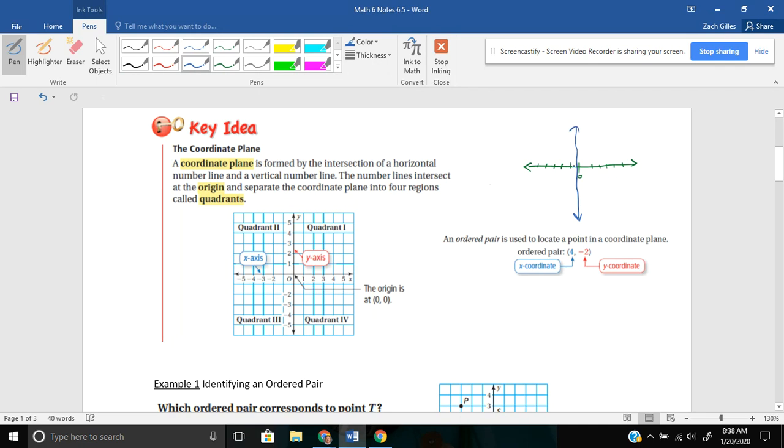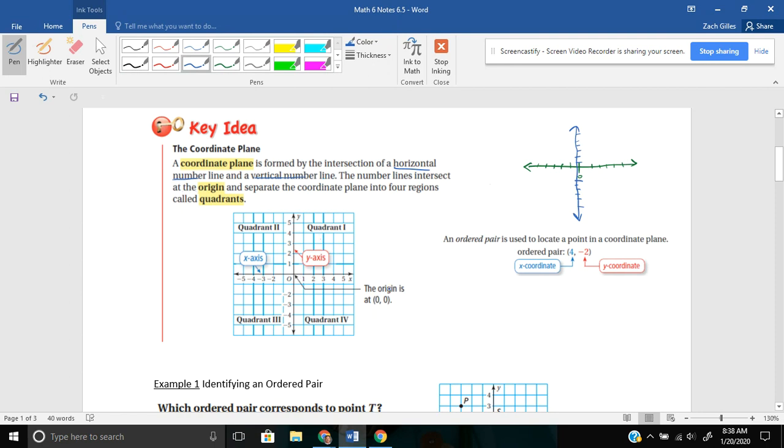And numbers that are above 0 are positive. Numbers that are below 0 are negative. Right? That's really all a coordinate plane is. It's formed by the intersection of a horizontal number line and a vertical number line. The number lines intersect at the origin.